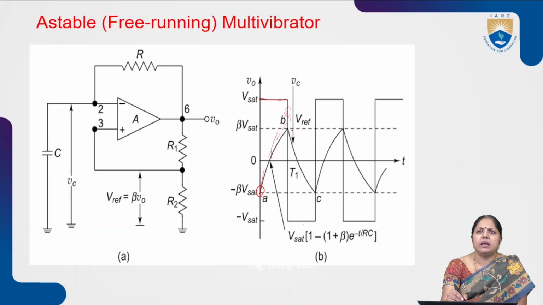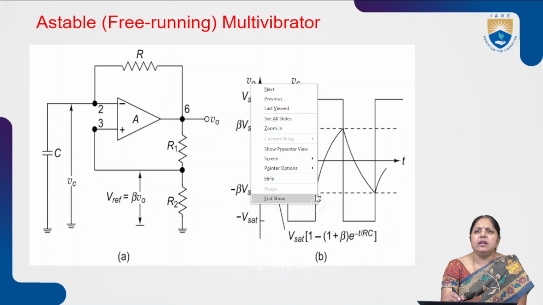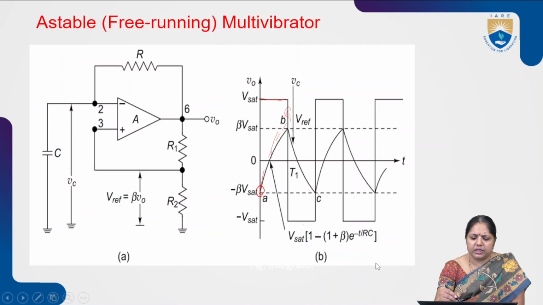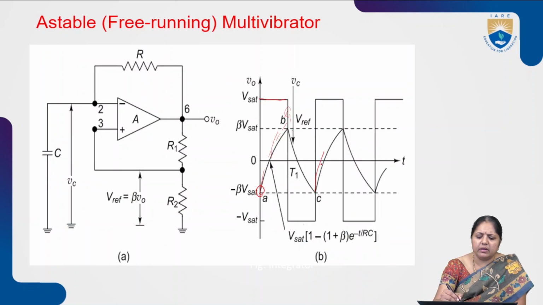At that time your capacitor starts discharging. When the voltage across the capacitor reduces beyond minus beta Vsat, again the negative terminal potential becomes more than the positive terminal potential, and I will get a positive square output.